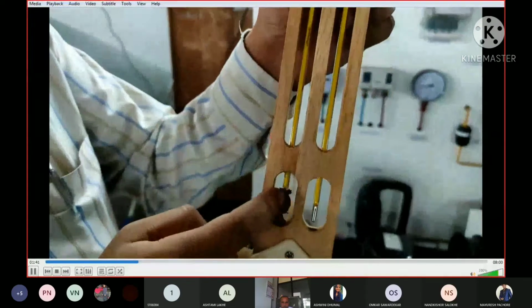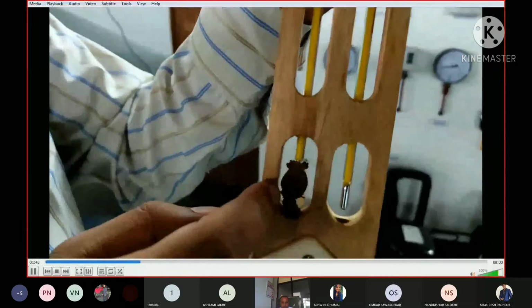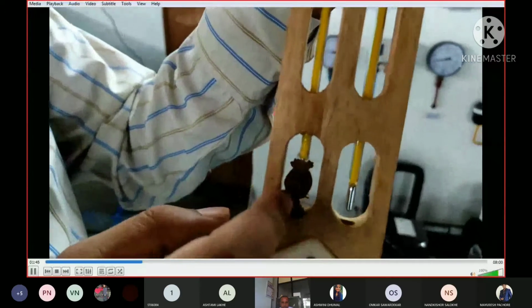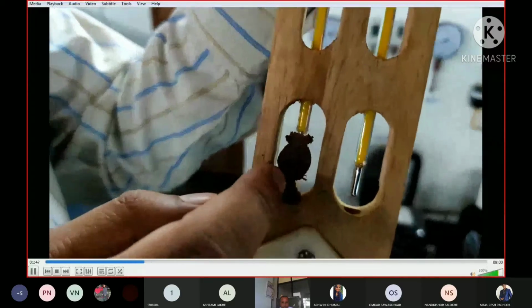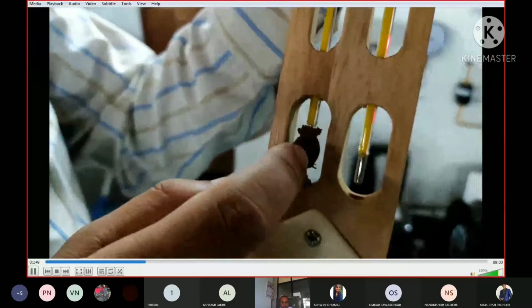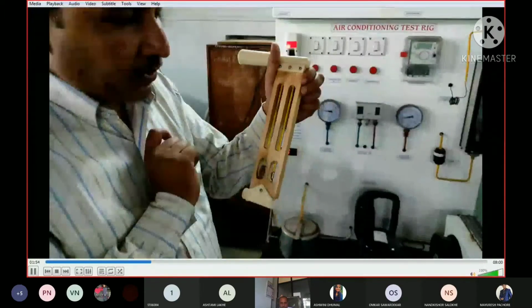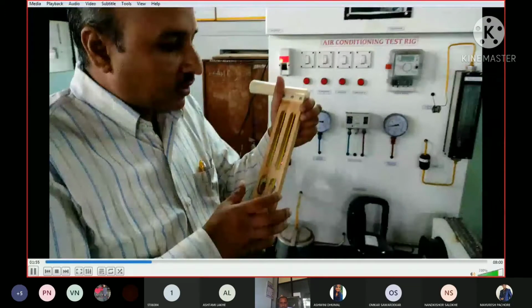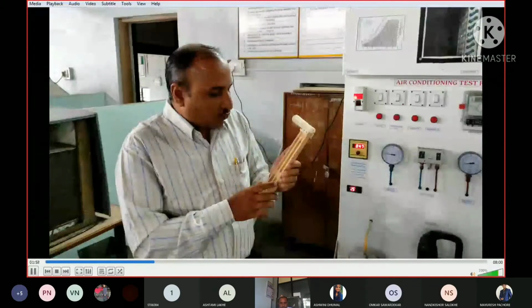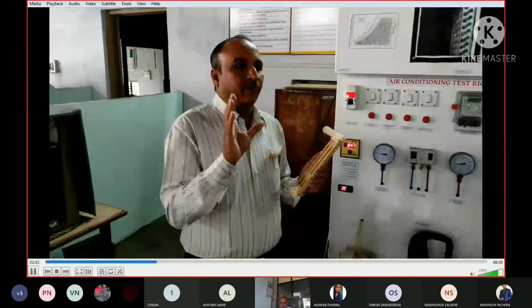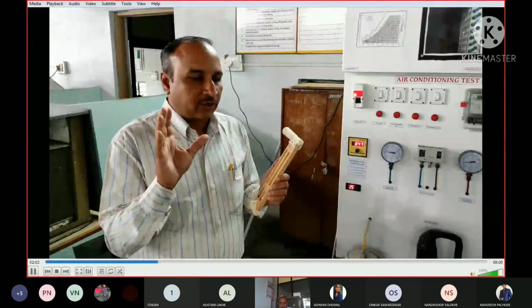But on this side is the wet bulb temperature thermometer. At the bottom it is kept in some cotton which is wet. We have added some water over here, because of which there is some drop in temperature. So what we have done here is the adiabatic saturator process in a very short way.